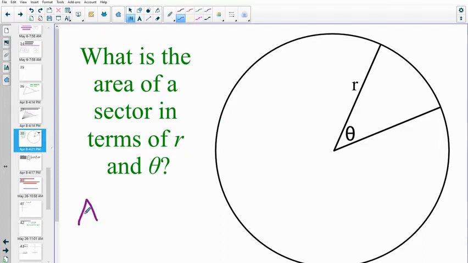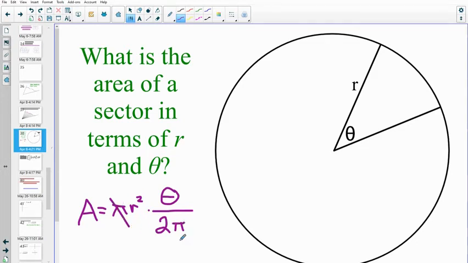The area of one of these sectors, this sector with this angle theta and a radius of r, well, I'm going to find this by finding the area of the whole circle, which is just pi r squared, and then multiplying by the fraction of the circle that this angle makes up. And so pi r squared is the whole thing, but we only have this small theta value out of the entire thing, which of course is 2 pi radians.